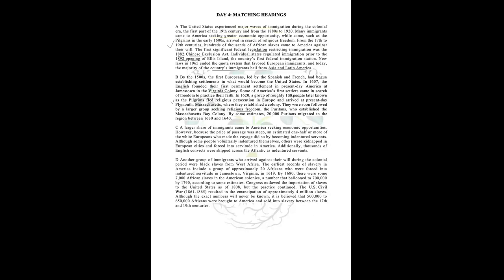By some estimates, 20,000 Puritans migrated to the region between 1630 and 1640. So, the whole paragraph now is definitely about people who moved in search of religious freedom, and where they established their houses or settlements, right? So, what is the heading now?